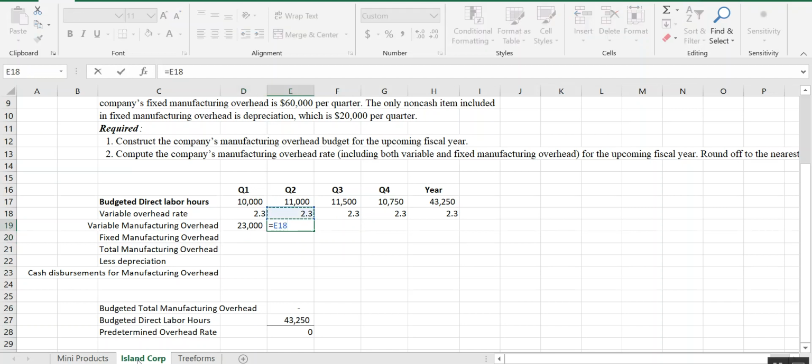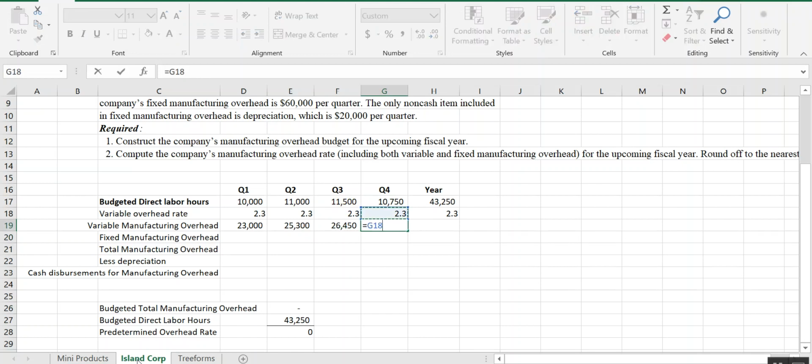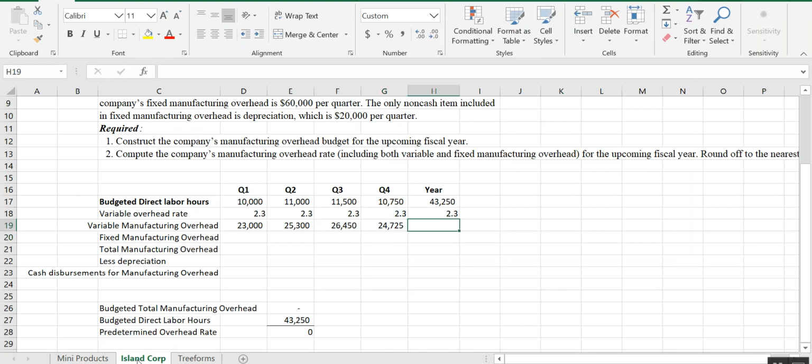Okay, so variable manufacturing overhead is 23,000 for quarter 1. For quarter 2, it's 25,300. For quarter 3, it's 26,450. And for quarter 4, it's going to be 24,725.